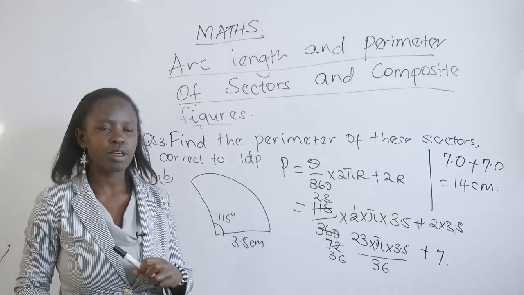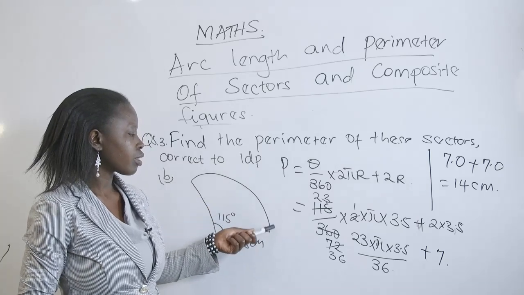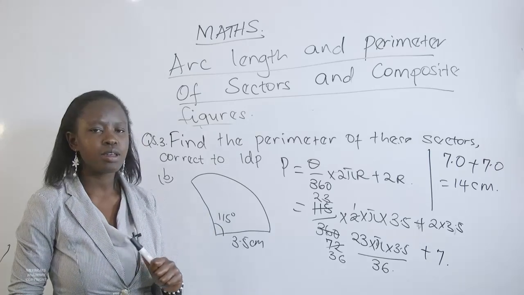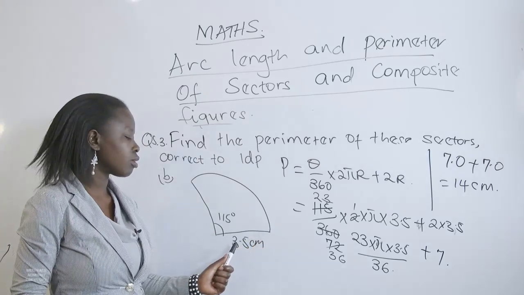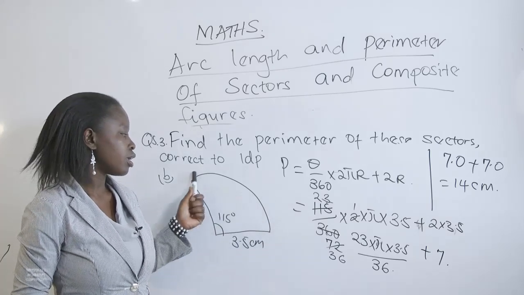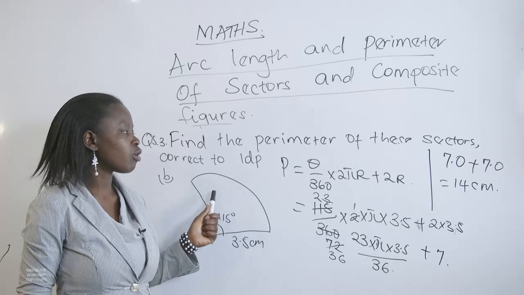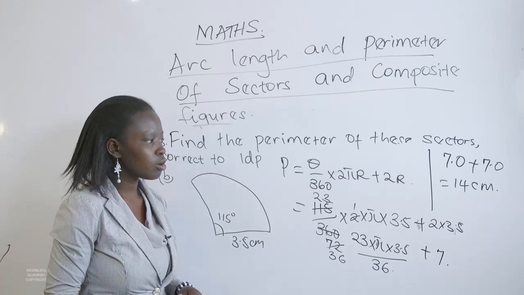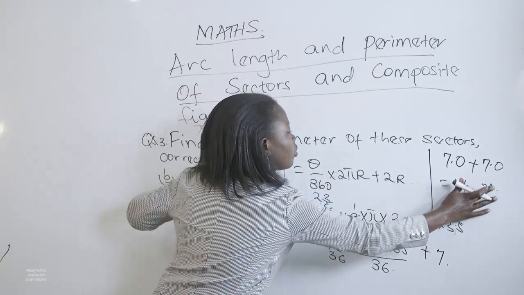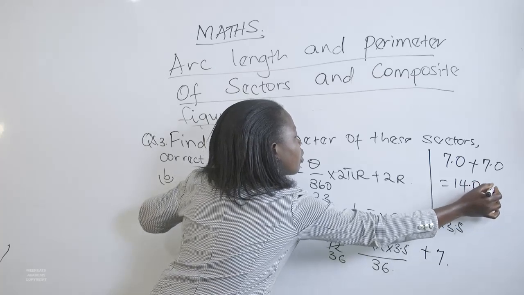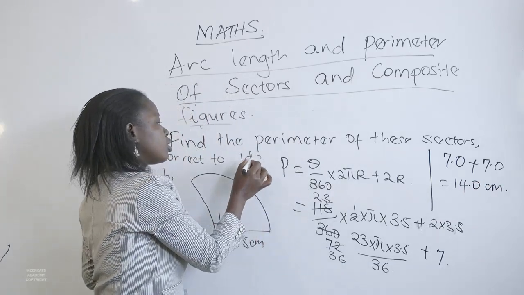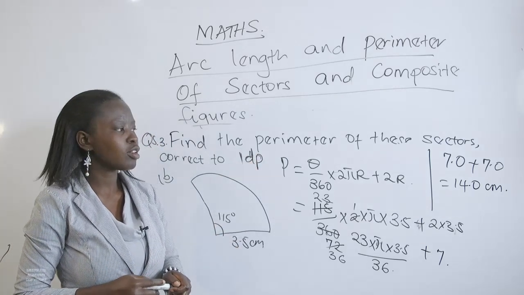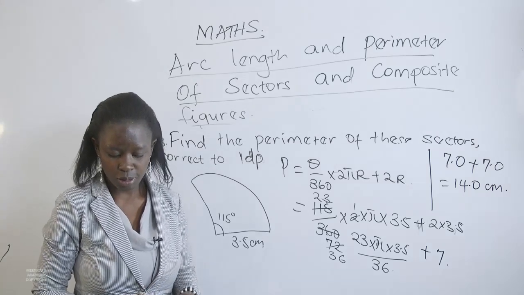So when you have a sector or an arc that subtends an angle of 115 at the center of the circle and the radius of that given circle is 3.5, then the perimeter of the sector formed by that arc and the radius will be 14.0 centimeters. Our answer was to be given to 1 decimal place, so that is why we have 14.0 centimeters.